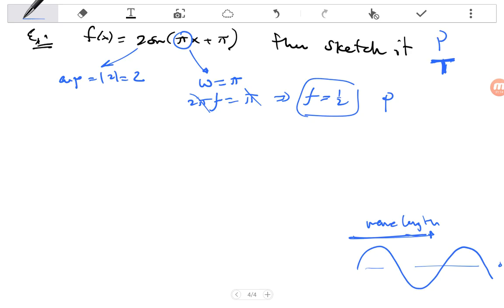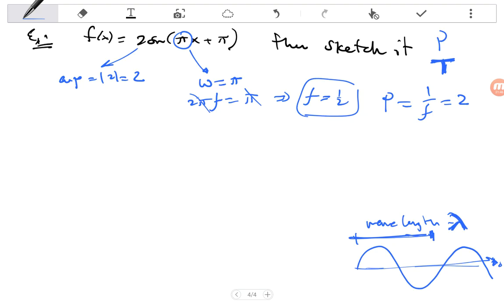That is just the period, but when the changing variable is space and not time. When the variable is time, we call it a period, but when the variable is space, we call it a wavelength. It is commonly denoted as lambda. Okay, let's return. So that P will be equal to 1 over f, which is exactly 2.